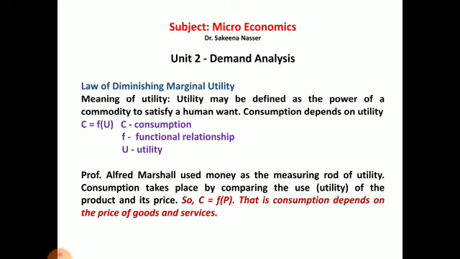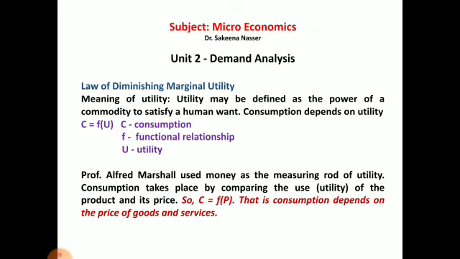Consumption depends on utility, which can be shown as C is F of U. That is, consumption has a functional relationship with utility. C refers to consumption, F to functional relationship, and U to utility. Consumption, that is C, is determined by utility, that is U.